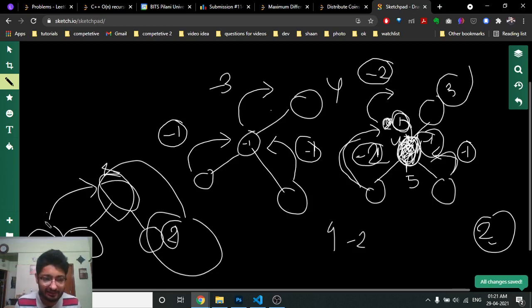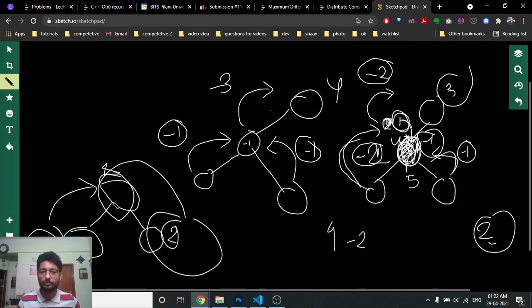Let's assume, as an imaginary thing, that I have brought these negative coins here and these are the positive coins here, and these also require some movement. So as you can see, if I take some excess coins from here and place them on these nodes, then I will require 2 moves, because I have to take 2 extra coins.